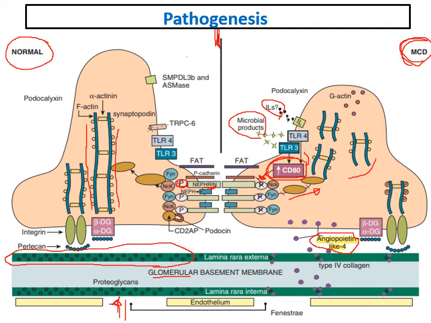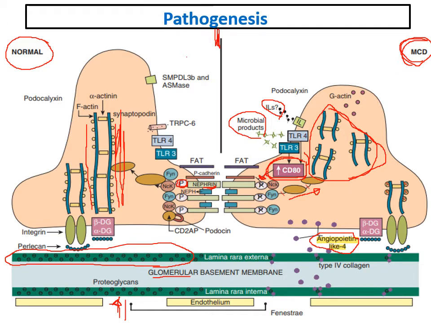Look here, the cytoskeleton, and compare it to the left side. The cytoskeleton here is adequate; here it is inadequate due to decreased phosphorylation of nephrin. This is the suggested mechanism of how CD80 can affect cytoskeleton arrangement and nephrin, causing minimal change.